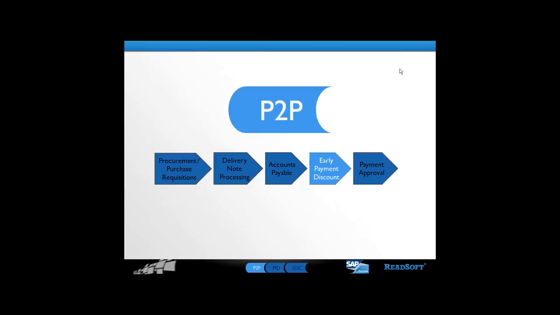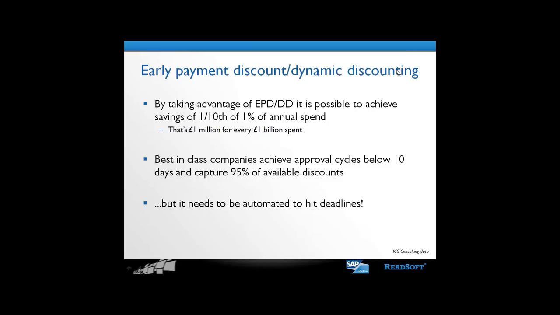So I mentioned just briefly there about early payment discounts. Well, when we speak about early payment discounts, we can also refer to dynamic discounting. And by taking advantage of either one of these, it's possible to achieve savings, let's say £1 million for every £1 billion that you spend, which sounds a lot, but it's a tenth of 1% of everything that's going through your business.